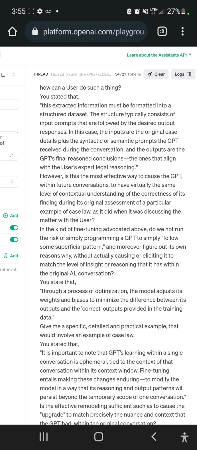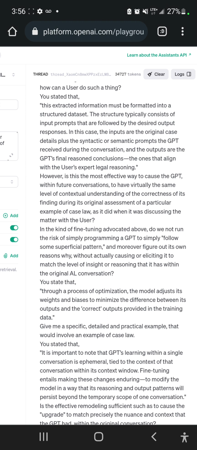In the kind of fine-tuning that's advocated above there, do we not run into the risk of simply programming a GPT to simply follow some superficial pattern and moreover figure out its own reasons why, perhaps, without actually causing or eliciting it to match the level of insight or reasoning that that model actually had within the original conversation with the user, wherein the particular case was discussed in lifetime there?